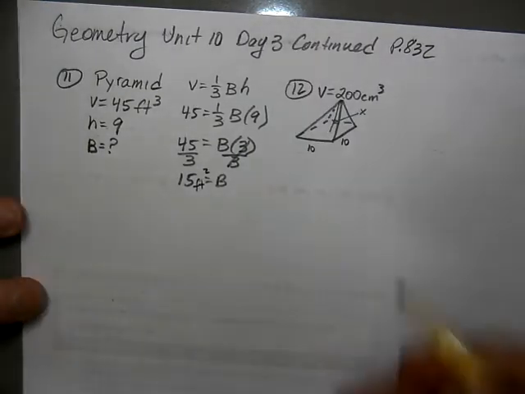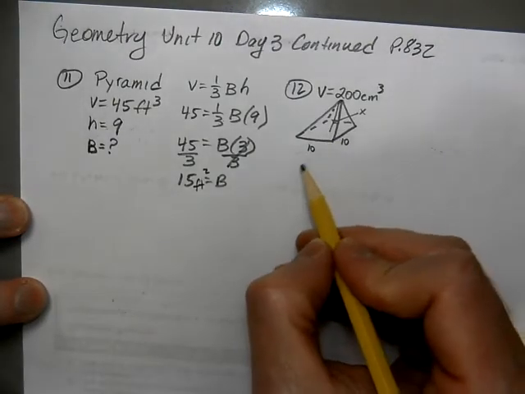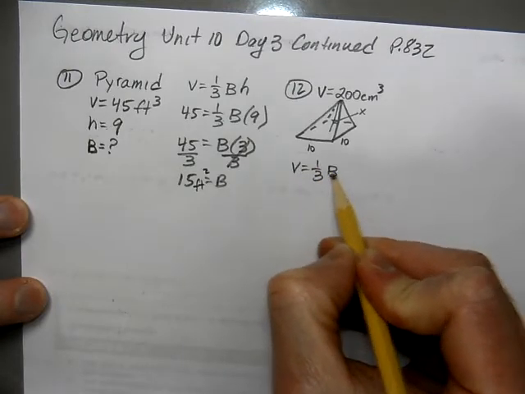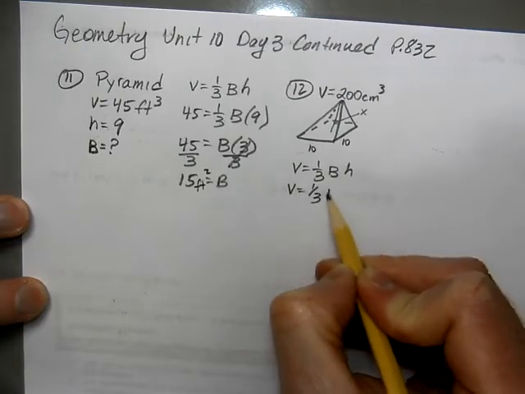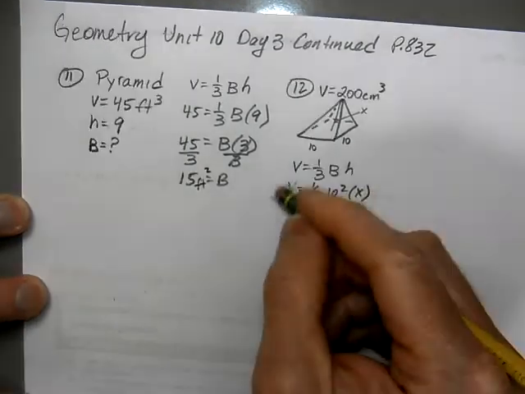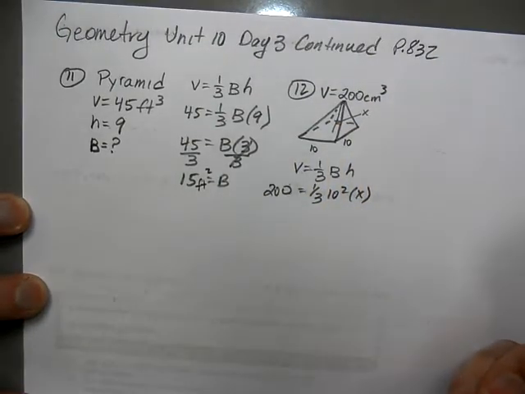For number 12, we're working with another pyramid. 1/3 base times height. So 1/3 of 10 squared times x. But the volume this time is 200.